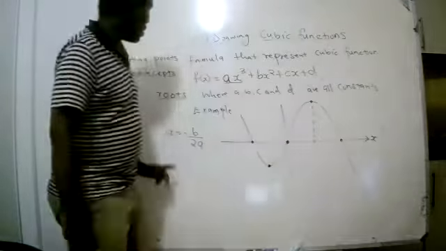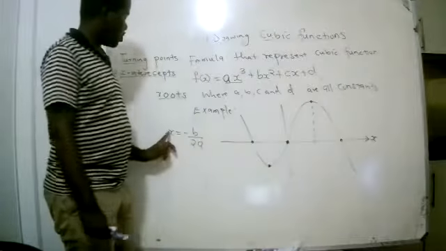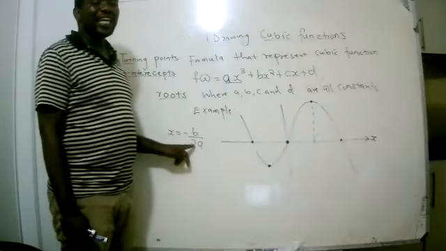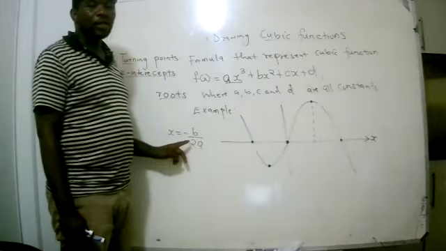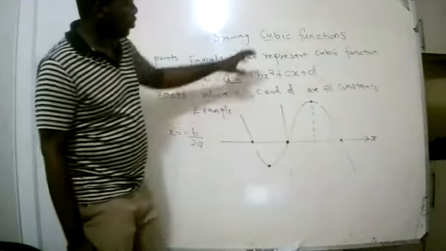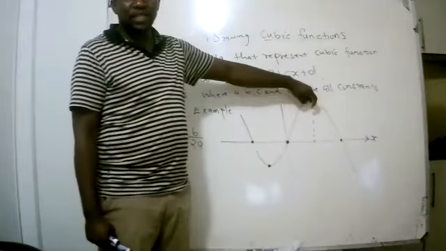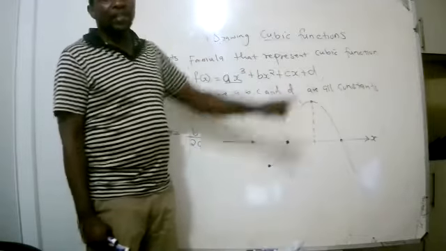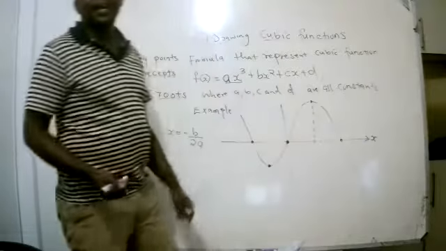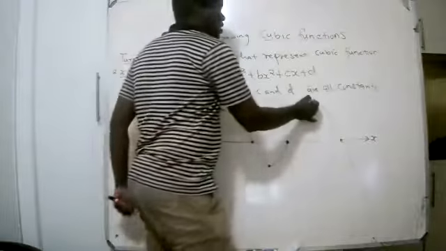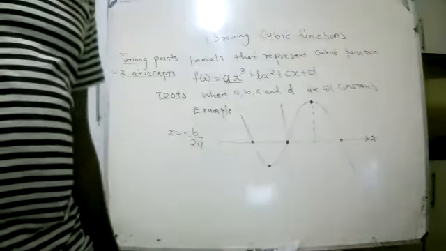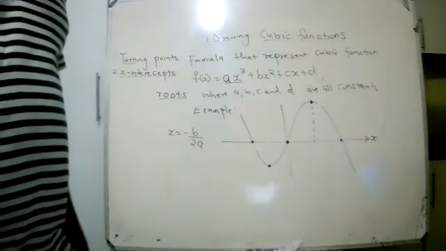After obtaining the x value of the turning point, you substitute this x value back into the main function so that you obtain the y value. Then you have the turning point, which is just this coordinate on top of the graph. That is how you calculate the turning point of the parabola graph.